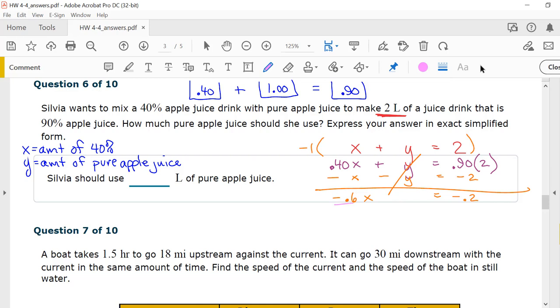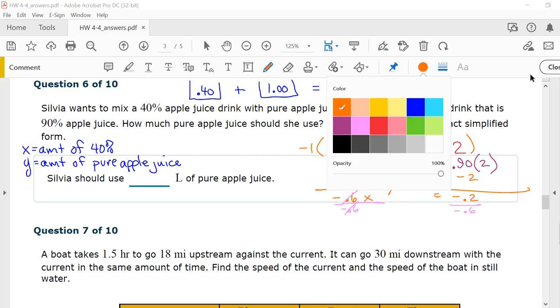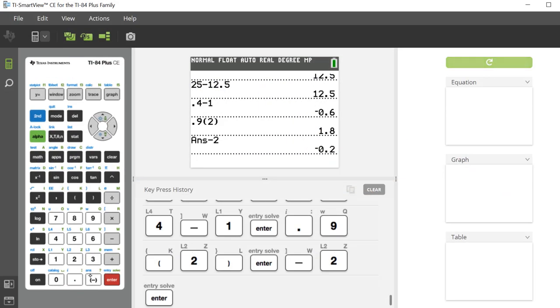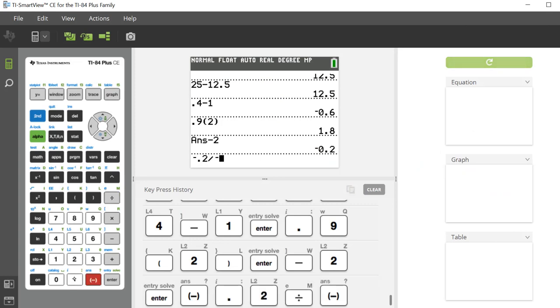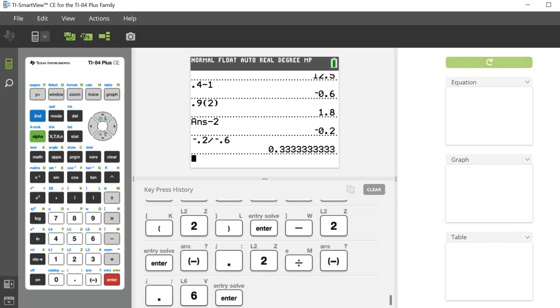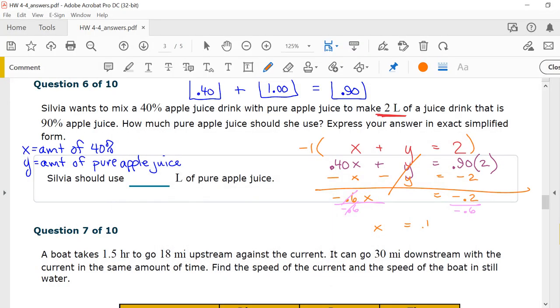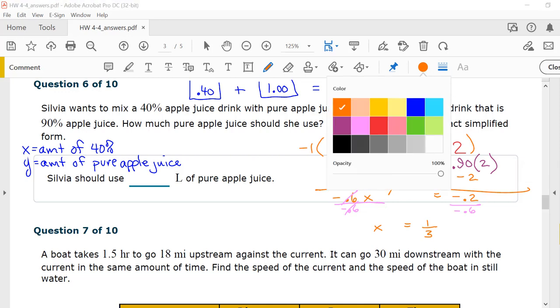Dividing both sides by -0.6, X will equal -0.2 divided by -0.6, which is 1/3. Now, what did I want? I wanted the amount of the pure apple juice, so I wanted Y. All right?